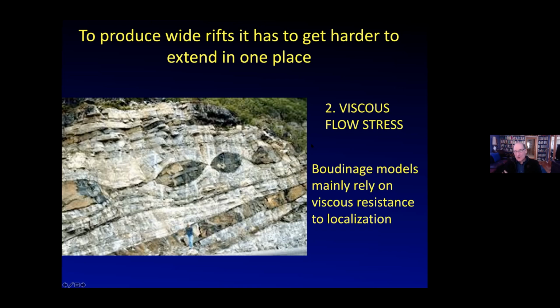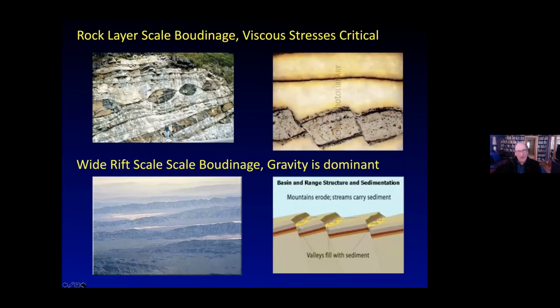And the classic treatment of boudinage that seems to work to understand periodic deformation, this is essentially the extensional inverse of folding, is viscous resistance to localization. That a somewhat brittle rock layer wants to deform in a very localized way, but it's resisted by viscous stresses, and a spacing comes out of that.